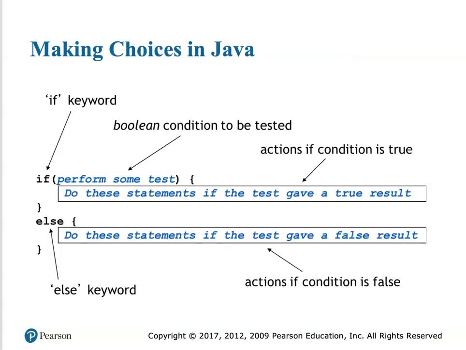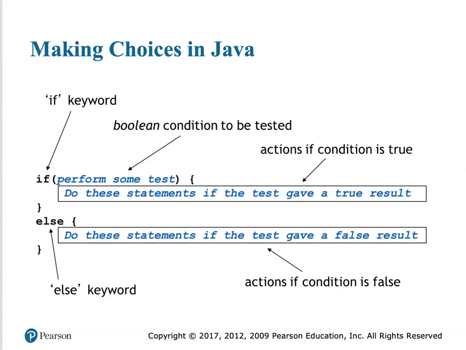The basic structure, again, is the if keyword in lowercase, a set of parentheses with some condition. We call these Boolean conditions. They have to evaluate down to true or false. We'll talk a little bit about how computers deal with true or false in a separate supplemental video, because it's not necessarily as straightforward as you might think.